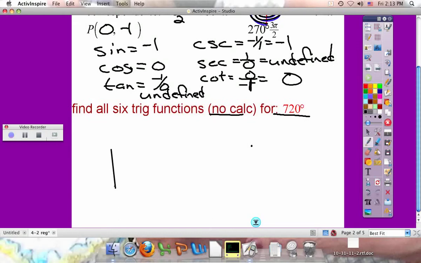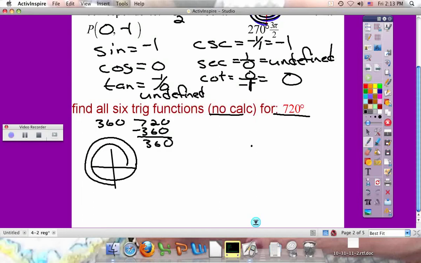So, as you know, one rotation around is 360 degrees. So if we take 720 minus 360, we end up with 360 again. So that's a second time around. So we end up back here. So at that coordinate, your coordinate points are 1, 0. So find all 6 again.